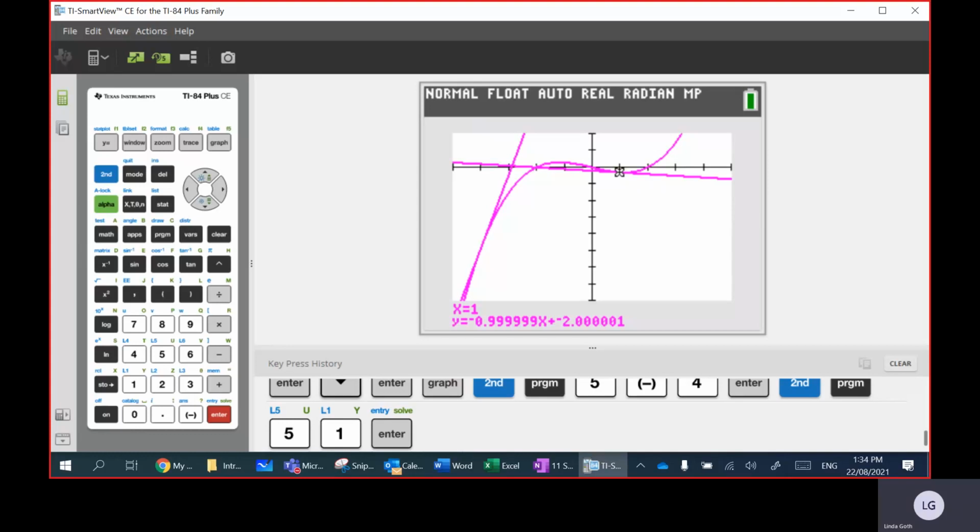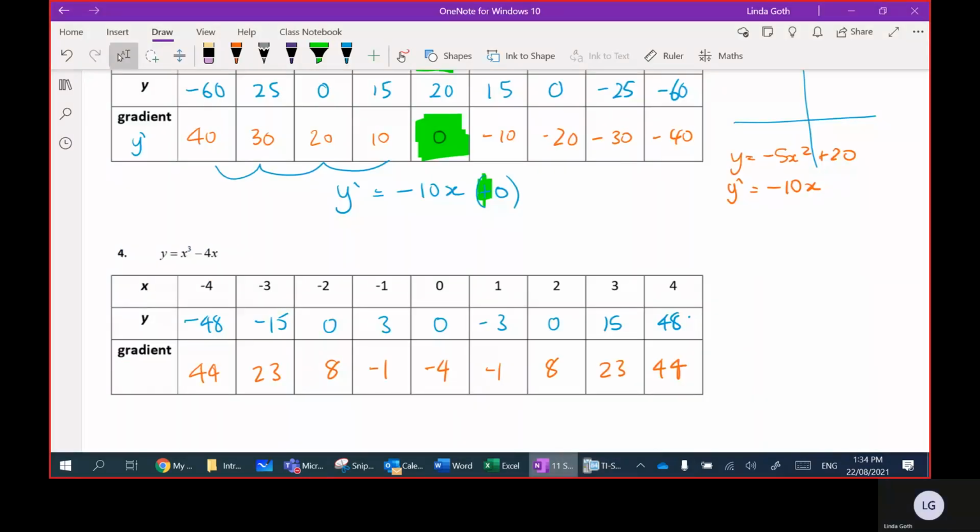So you've filled in your table of values, and this time you will have noticed that we haven't got one of those nice linear patterns. It doesn't go up and down by the same number, so that's not going to help us here. But hopefully what you have noticed is this nice symmetry. We've got these things matching here, and when we have a symmetry like that, that reminds us of a parabola.